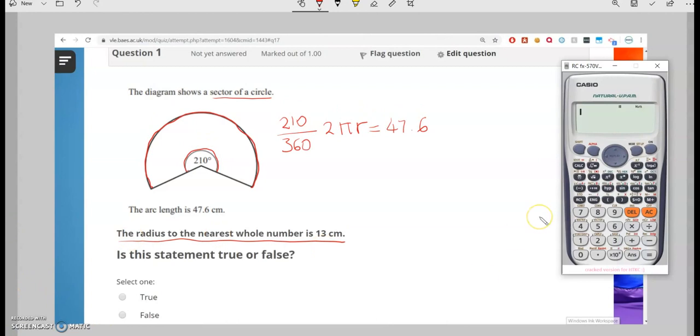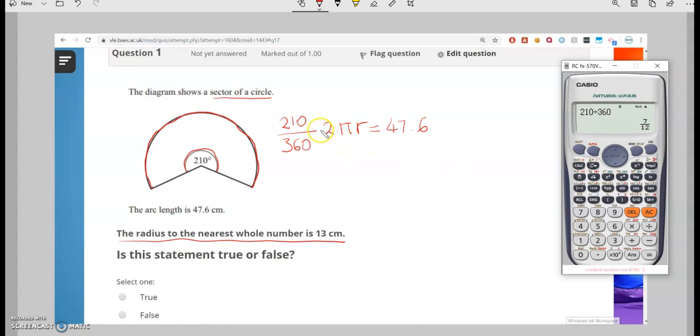And we'll input 210 divided by 360, which is 7/12, so we can keep it as a fraction for the time being. There is no problem with that.